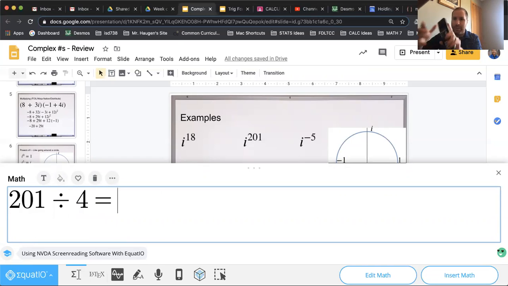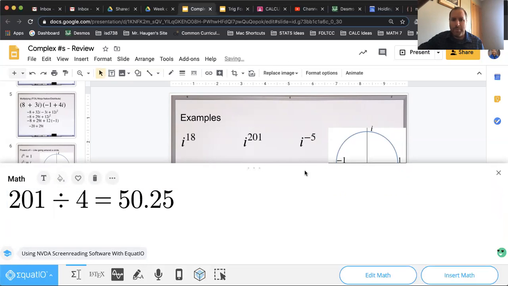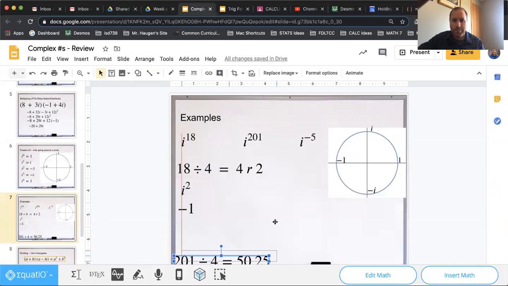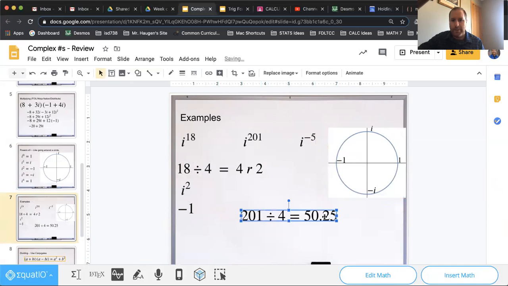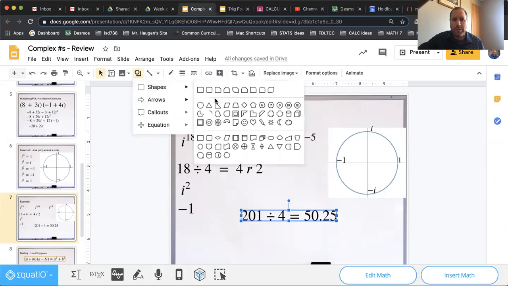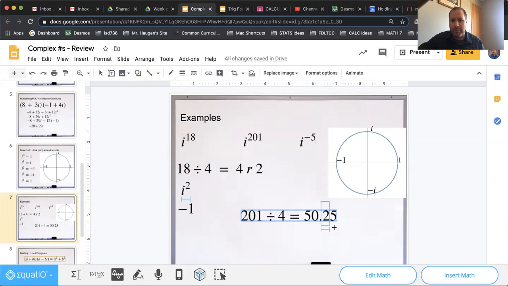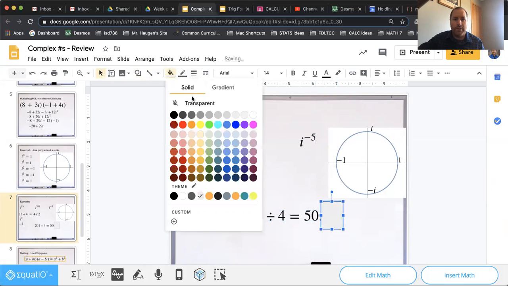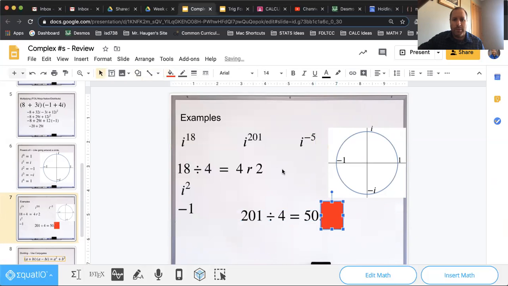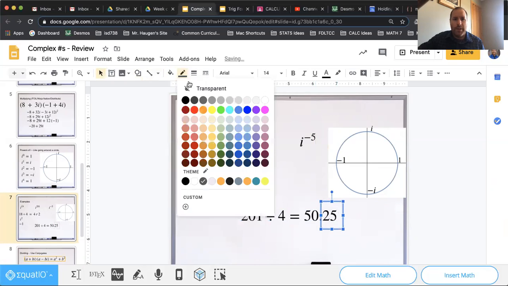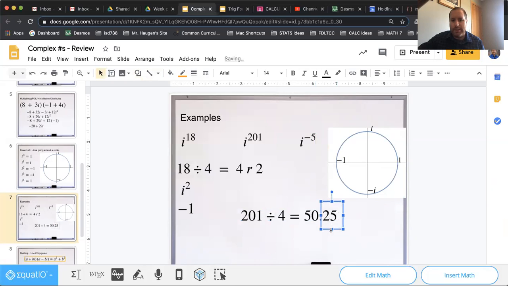Maybe I grab my calculator and type that in because I wasn't quite sure. 201 divided by 4 is 50.25. Well, this extra 0.25 would just mean a quarter of a way around the circle.